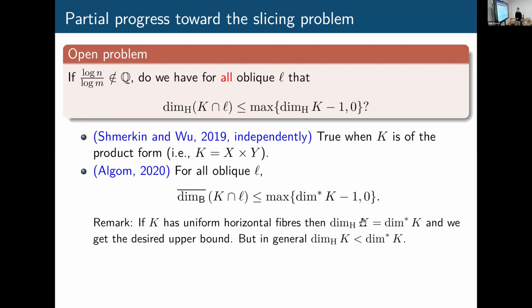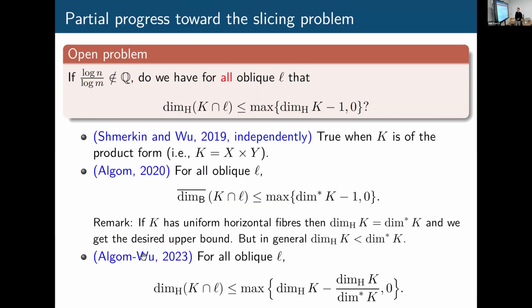So in particular, it has the same Hausdorff dimension and Assouad dimension, so the two upper bounds coincide with each other. But in general, the Hausdorff dimension is strictly less than such a star dimension. So the upper bound provided by Algom is a little bit larger than the expected one.